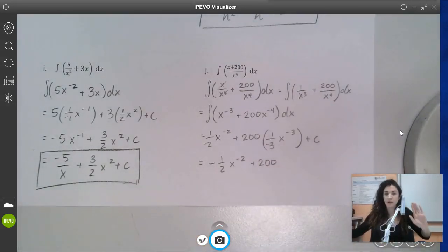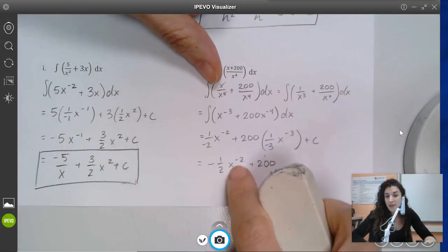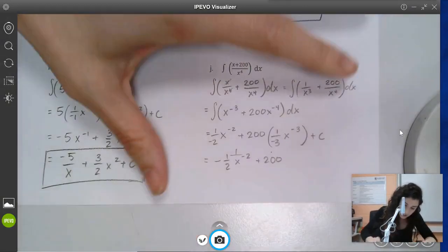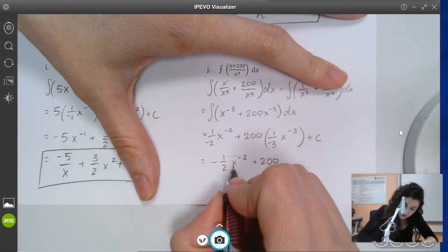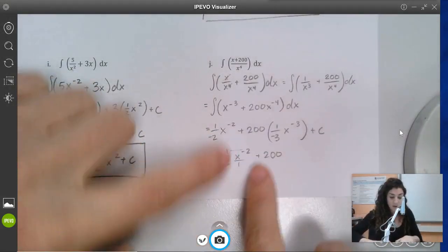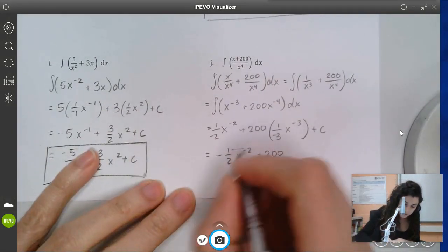Let's do it all in one fell swoop. Realize that x to the -2 will go in the denominator with 2, right? If we thought about this as being x to the -2 over 1, those guys just flip. So then that x squared is going to go with the 2.